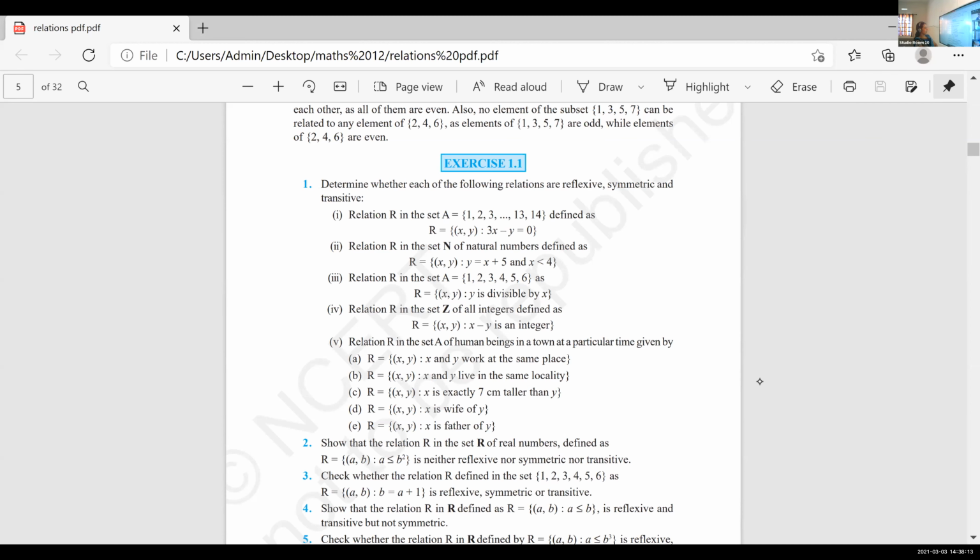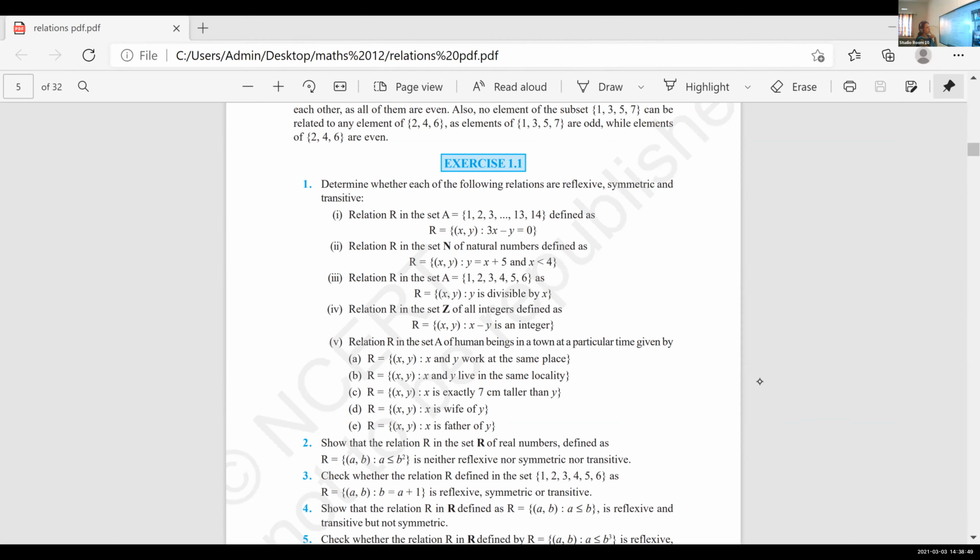R is a relation in the set of human beings. First case, x and y work at the same place. Is it reflexive? Whether x and x work in the same place? Yes, so it is reflexive.